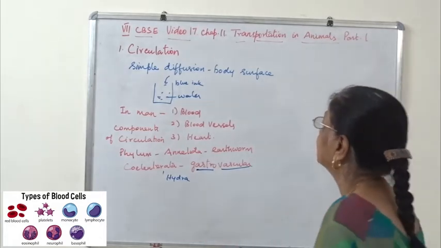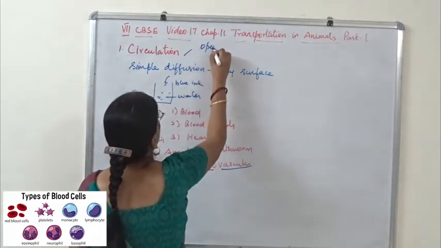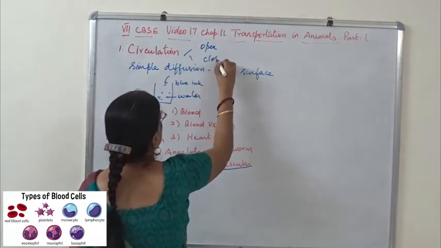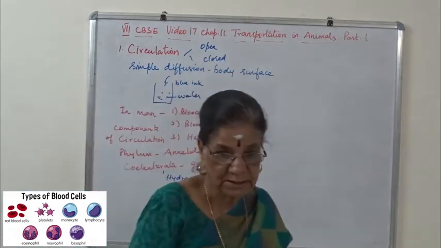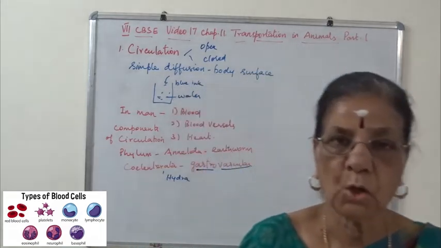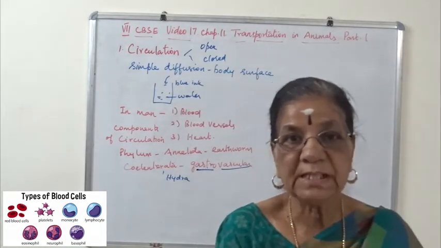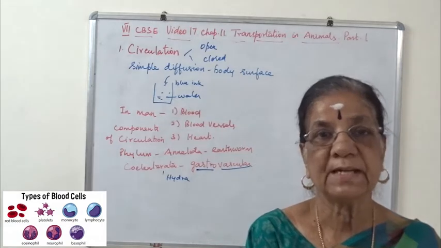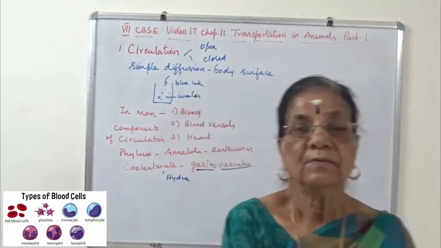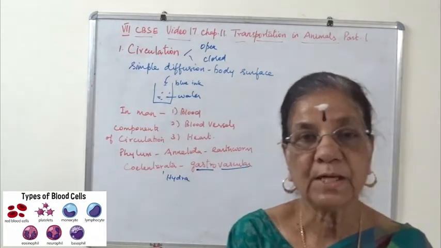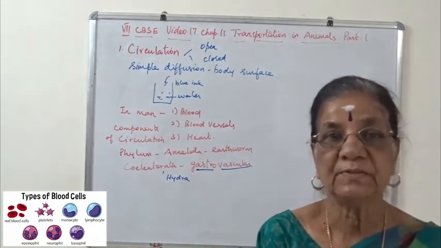The circulation ways are two: one is open type, another is closed circulation. Open type of circulation is found in all insects where blood is bathing in the body cavity. There is no blood vessel. Whereas in closed type, blood is circulated within the blood vessels.